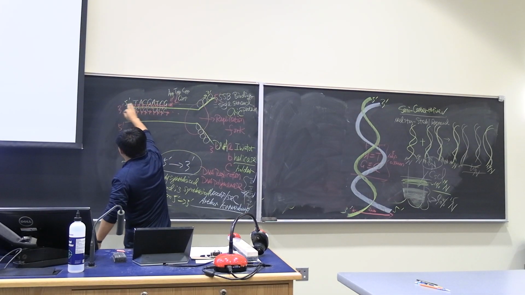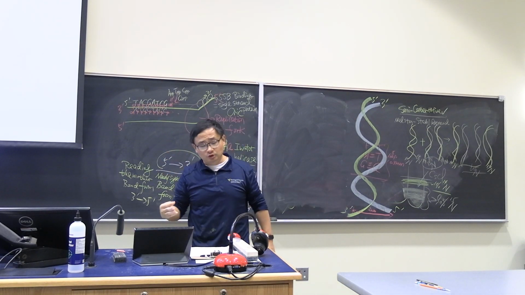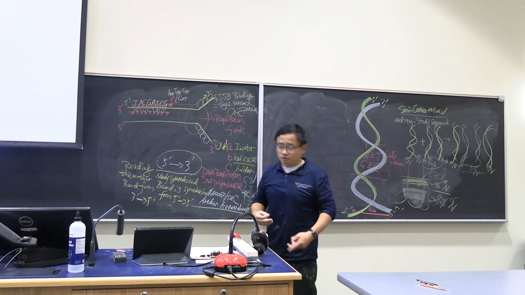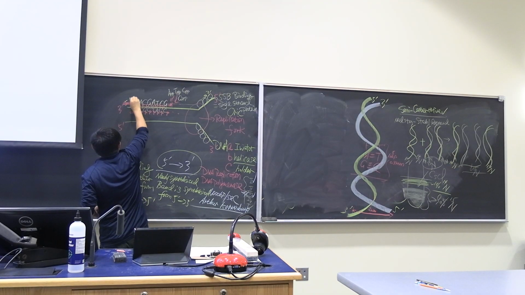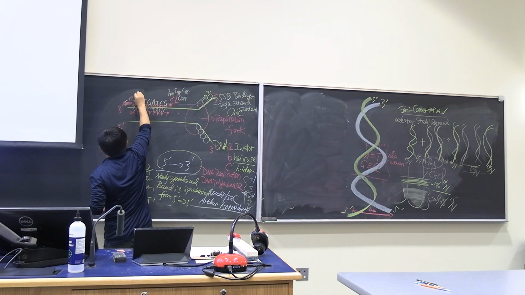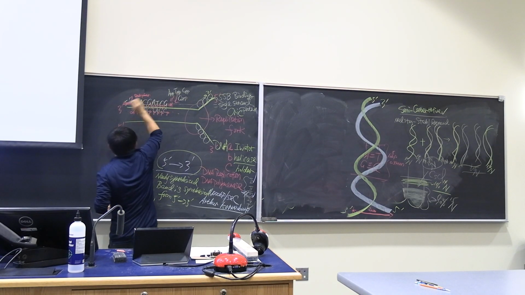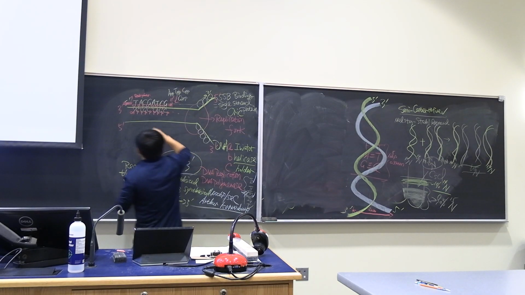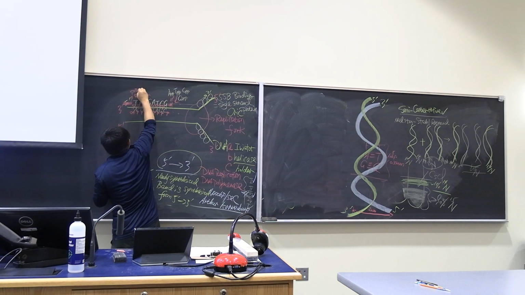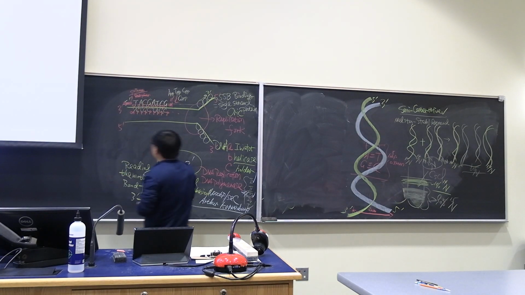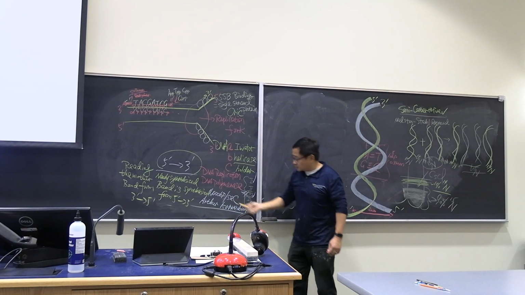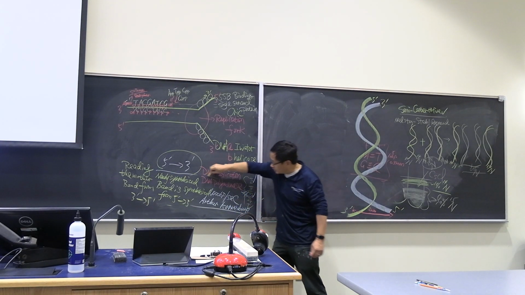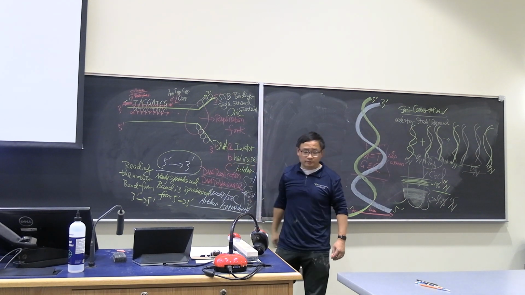Now, at the very beginning, when they start the synthesis, they also need help. They need a very small segment of primer. That is RNA primer, and the primer is composed by primase. So it is very interesting and very ironic. Kornberg was awarded the Nobel Prize for the discovery of DNA polymerase.